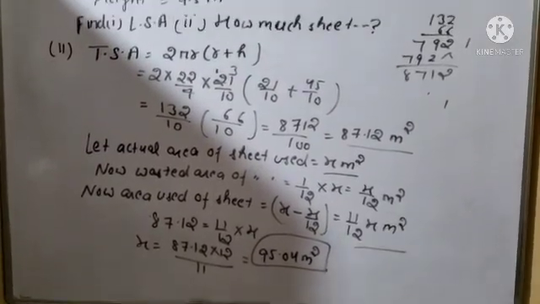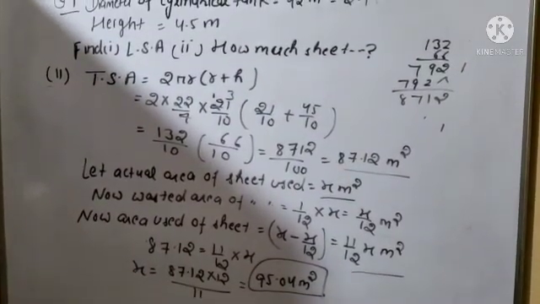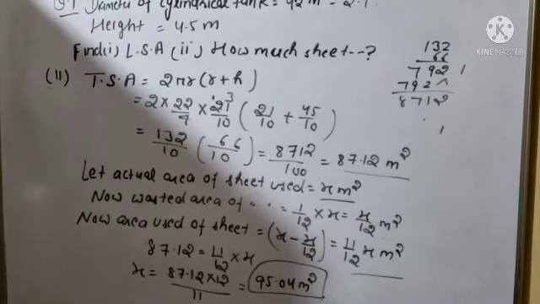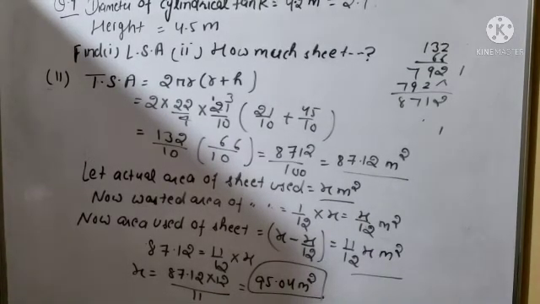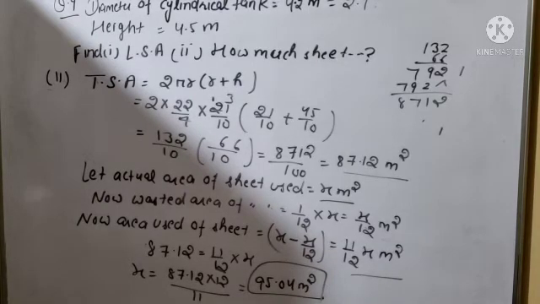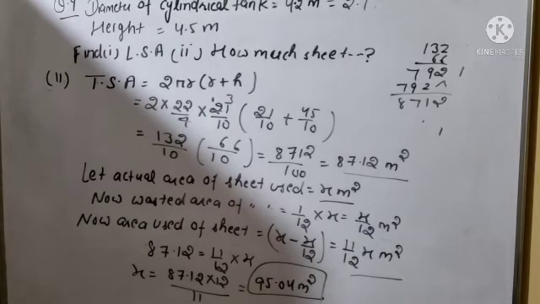Now what will you find out in the second part? In the first part, you simply find the lateral surface area, but in the second part you have to find out how much steel was actually used, if 1/12 of the steel actually used was wasted in making the tank. 1/12 was wasted.